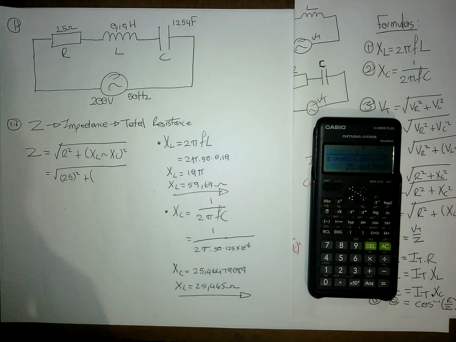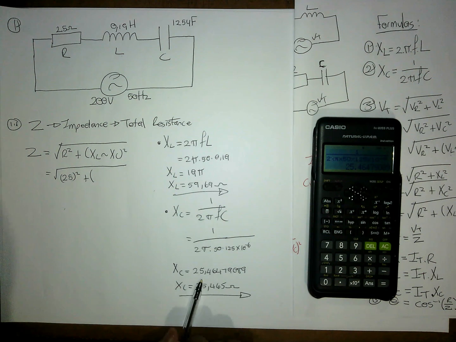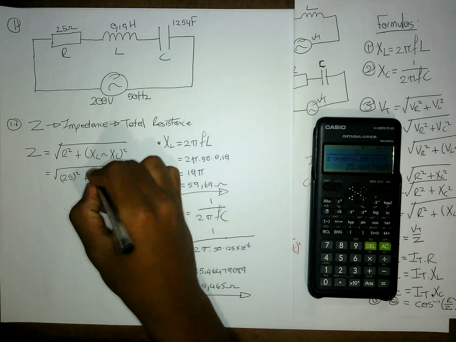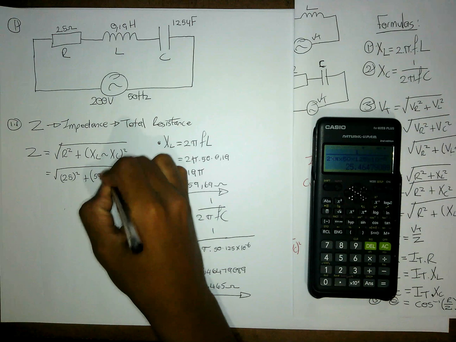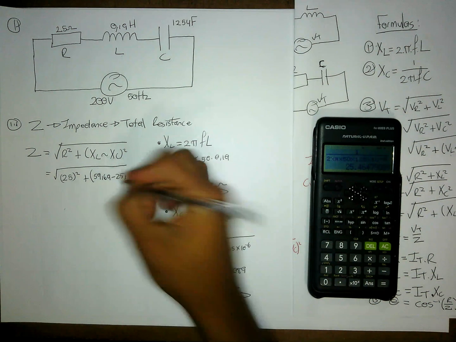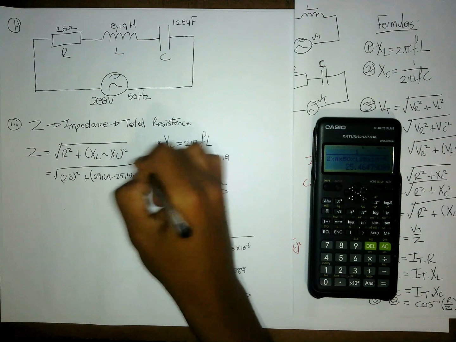Okay, so my XL is bigger than my XC. So I'm going to write it first. I'm going to say 59.69 minus 25.465, squared.